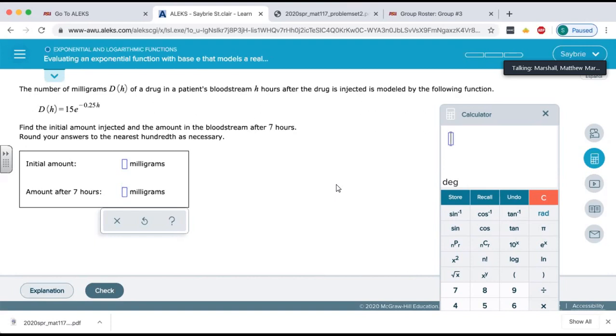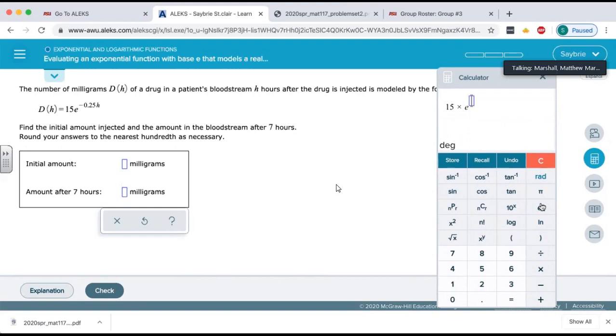So you're going to have to do 15 times e, that e to the x button. Do you see that? And then that would be to the 1 power right there. I'm sorry, to the 0 power there. There you go.